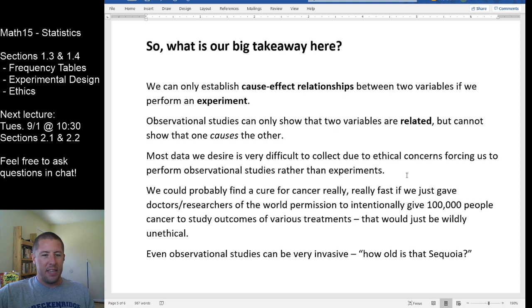If you want to really understand how the brain works, well, a nice thing to do might be to cut open a person's brain and poke around in there. You're going to probably kill the person along the way. You might have learned something, but we have agreed as a society that the gain in information is not worth the loss of life along the way. And so recognizing, and by the way, I should also say, our viewpoints on these things have obviously changed over time, kind of a lot.